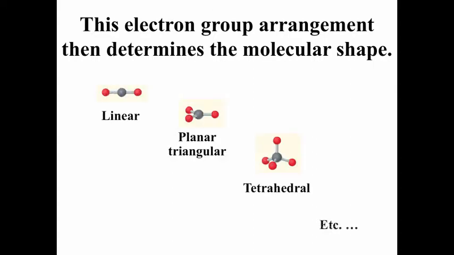Once the electron groups have gotten as far apart as possible and minimized their repulsions and achieved the lowest energy state, that is going to let us determine the shape of the molecule.